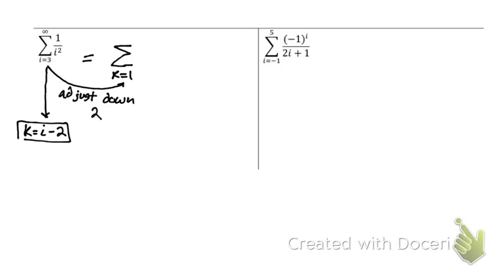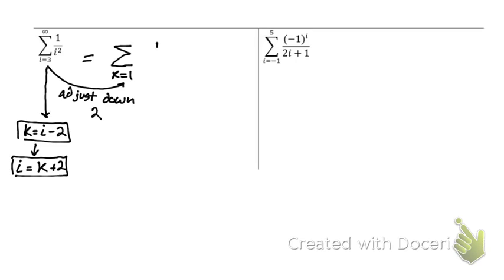Well, that means for every i, this leads me to the fact that i equals k plus 2, because I'm just adding 2 to both sides. Nothing magic's happening here. Now i equals k plus 2. So this is that balancing act. As this one goes down, we add to their side, and the other side goes up. So now I'm going to replace all of my i's with k plus 2.